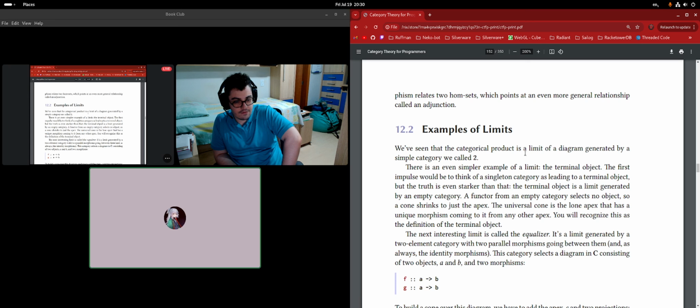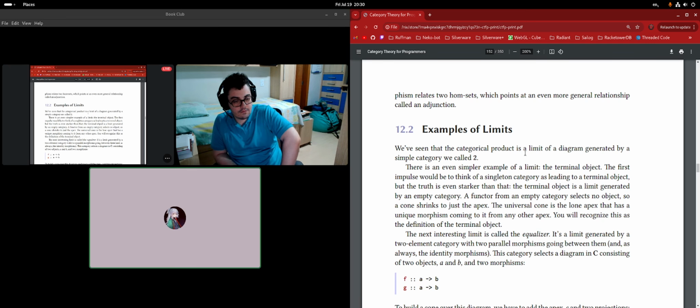Right, because you need to map the category to an object in another category, right? Not really the category, because there are no objects inside of the category because it's empty, right? Really, every functor from that to another category will be a constant functor, right?